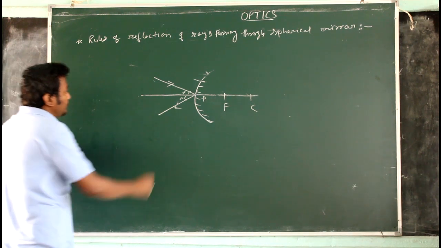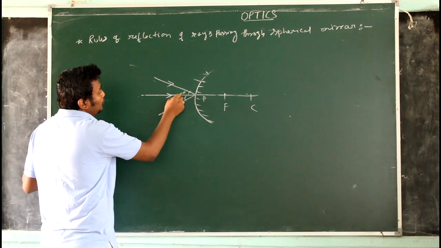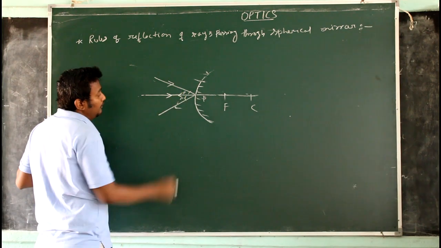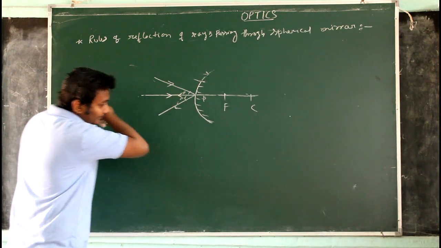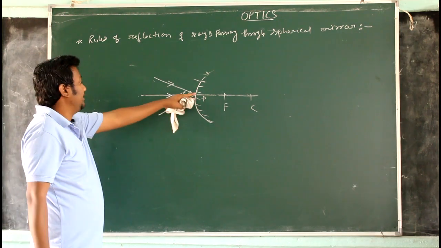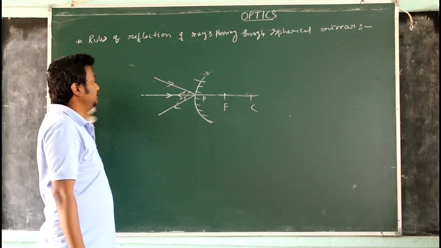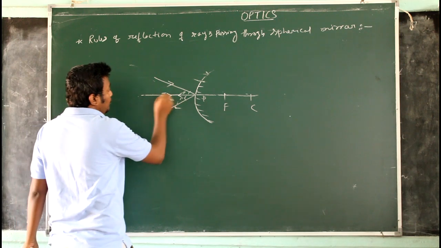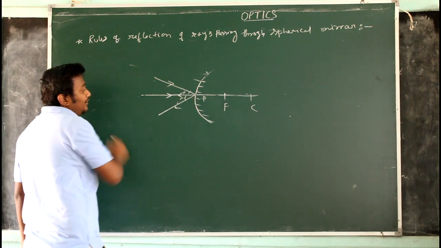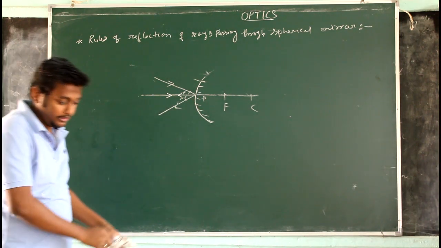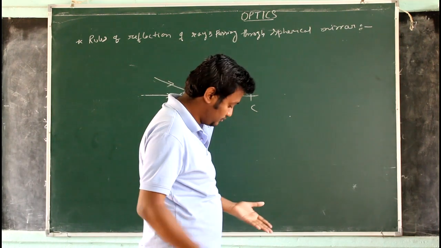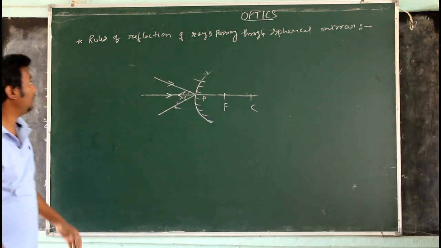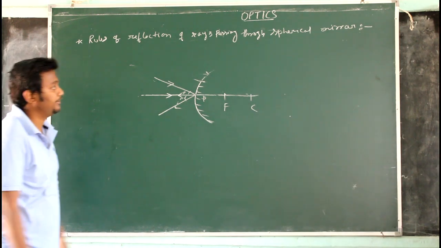And the ray which is normal to the pole will reflect back in the same path. So these are the rules for the different rays passing through the spherical mirror.